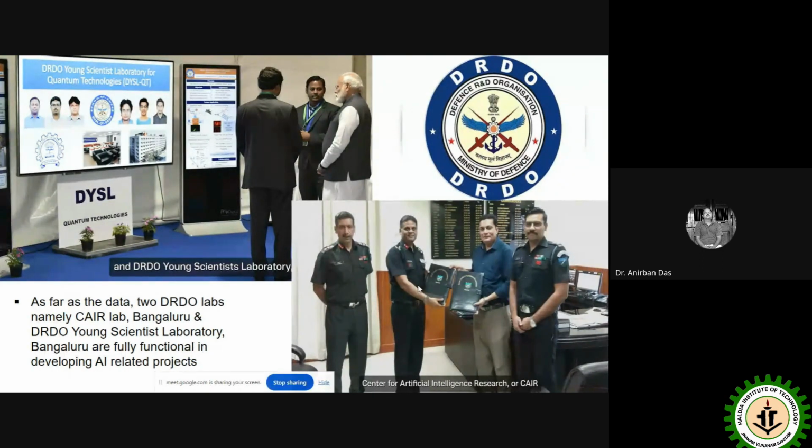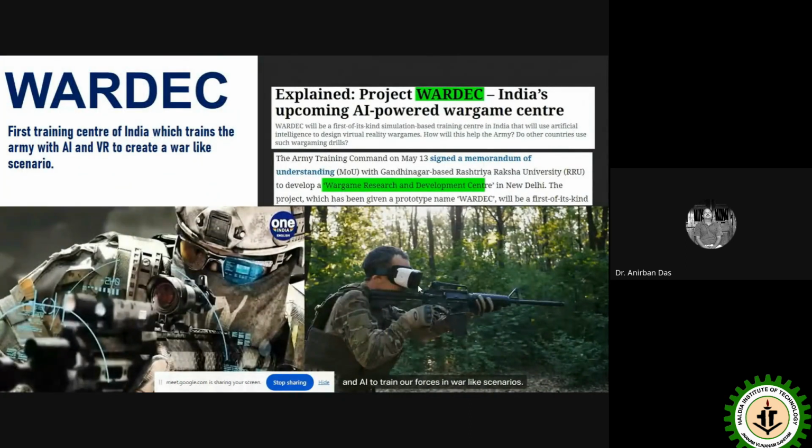And as a result of that, 75 products have already been launched in 2023. So see here that the Wargame Research Development Center has been created in New Delhi.